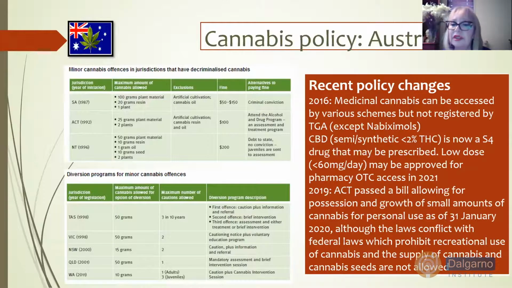CBD in semi-synthetic forms, because I've told you about the problems with plant claiming CBD levels, where there's proven to be less than 2% THC, is now a Schedule 4 drug in Australia, and it can be prescribed by any doctor. And there's now talk that low dose, less than 60 milligrams a day, may be approved for pharmacy over-the-counter access next year.